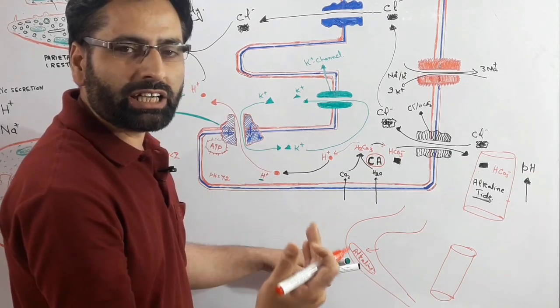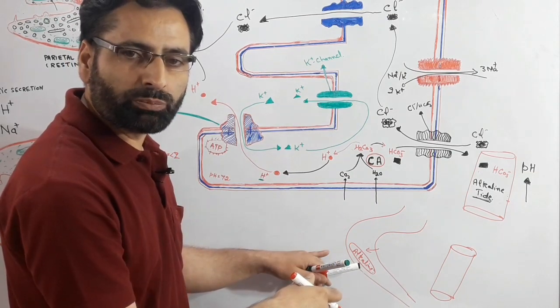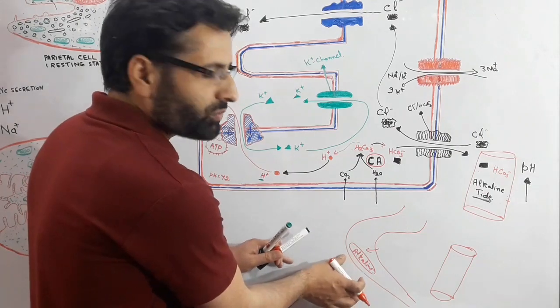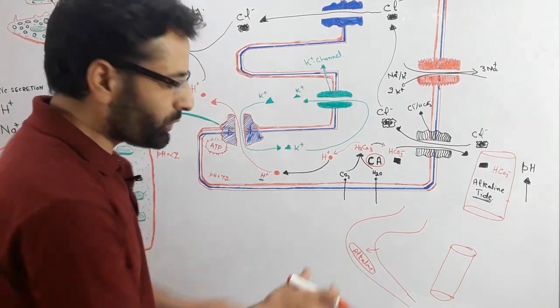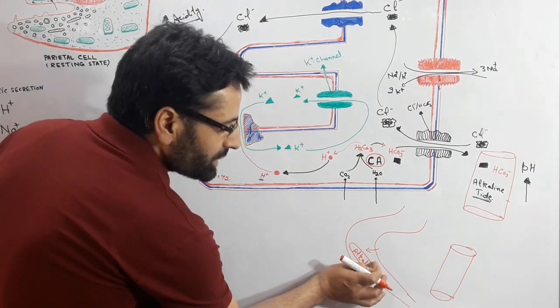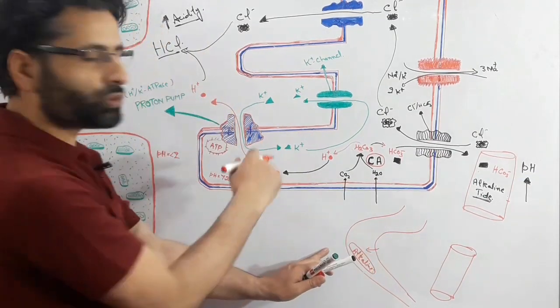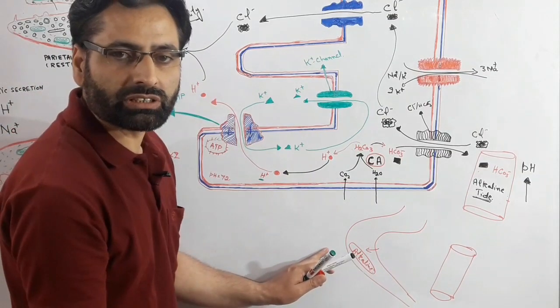That is, when the chyme enters from the stomach into the duodenum, its effect is neutralized by the alkaline secretion from the pancreas and the liver. So in this portion we have alkaline secretion, but in the stomach we have acidic secretion.